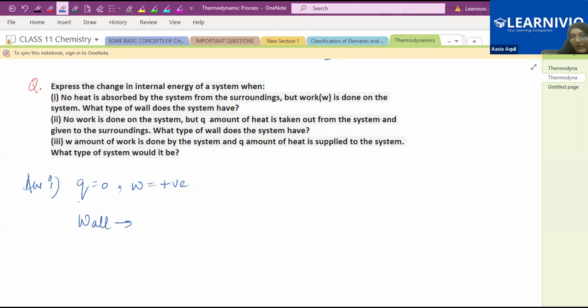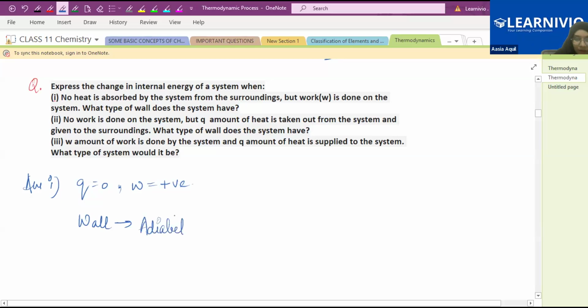Adiabatic, right? In the adiabatic case, there will be no exchange of heat. So if no heat is absorbed, it is an adiabatic system, and the wall of the container was adiabatic.